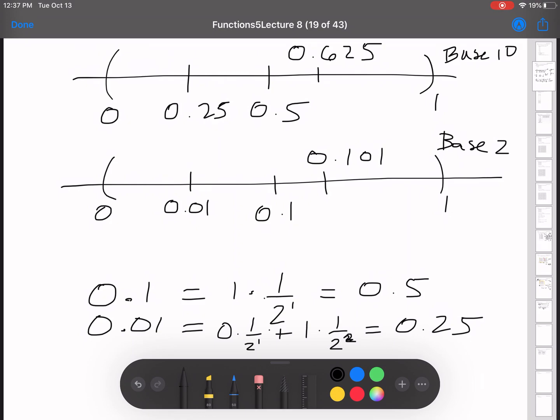So you can do this, and it's still unique, since all these numbers are unique, and these are just different ways of saying the same thing.